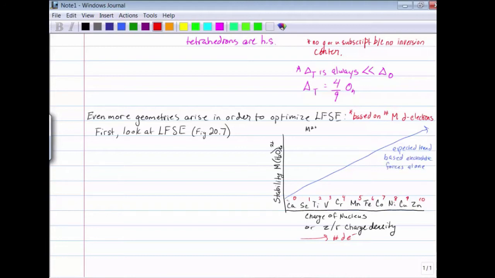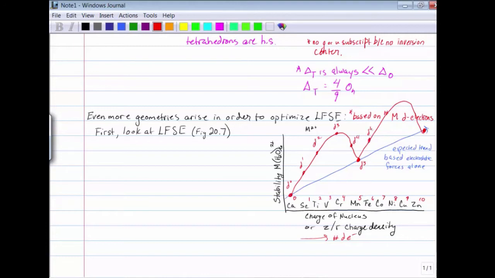The actual trend looks something like this. Calcium falls right on that line. Manganese falls right on that line. And zinc falls right on that line. But the other metal ions have a trend that looks like this. So this is my D0, D1, D2, D3 reaches a maximum, D4 comes down a little bit, and then D5 is right on that line again.